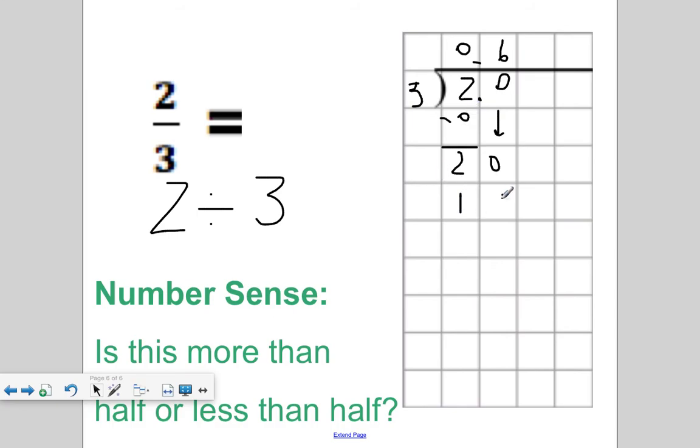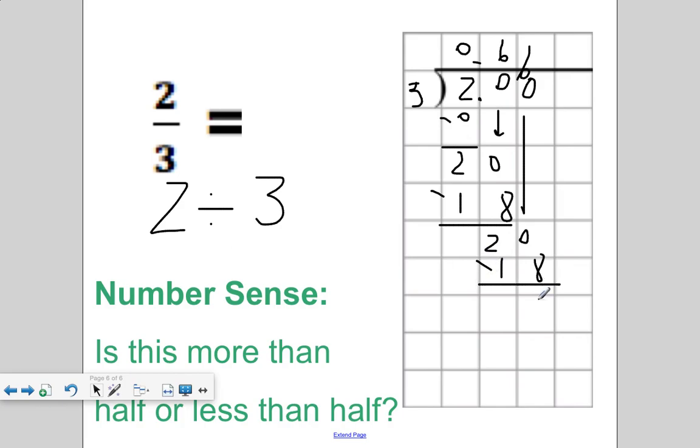Subtract it. 20 minus 18 is 2. I want to get rid of this 2, so I add another 0 and bring it down. So, okay, how many groups of 3 go into 20? Didn't we just do this? It's like deja vu. It seems like it's going to repeat. So it goes in 6 times, and the remainder is 2.